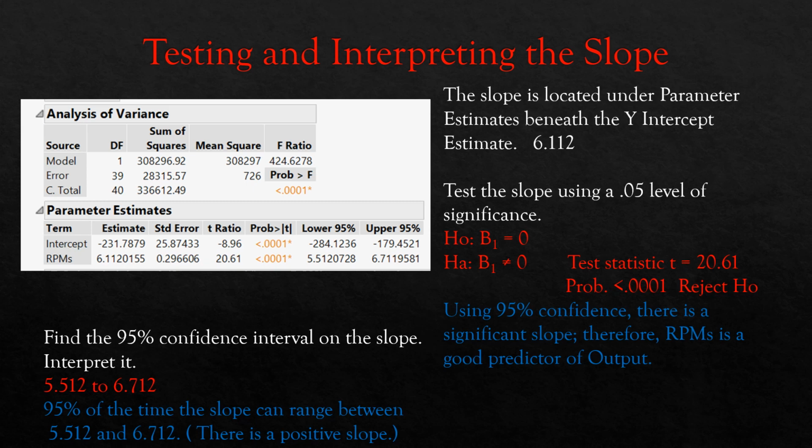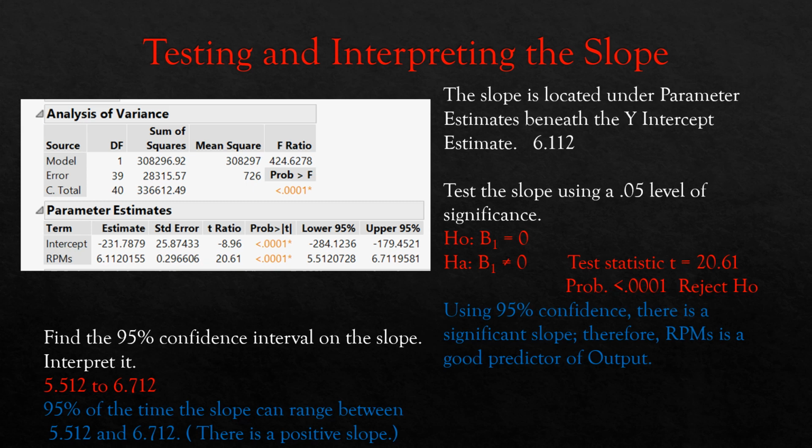That is the slope. We test the slope by taking H0, beta sub 1, the symbol for the slope, setting it equal to 0. Then the alternative hypothesis is the opposite. Beta sub 1 is not equal to 0.